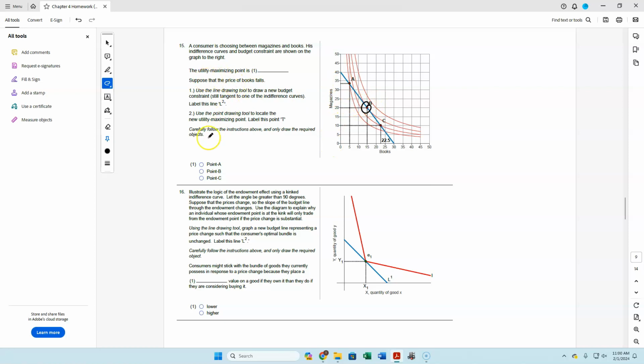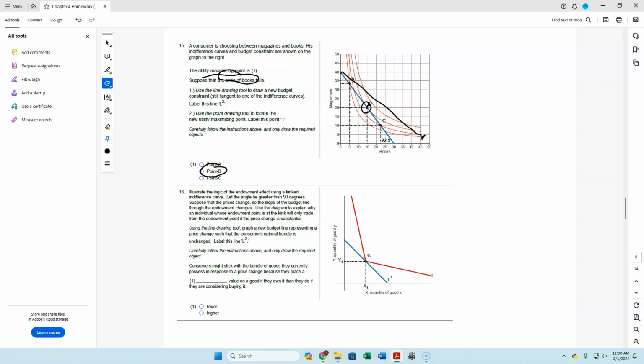So in this case, it's going to be our point B. And then if the price of books falls, it's going to change the slope of our budget constraint. And so if the price of books is falling, it's going to pivot outwards like that.